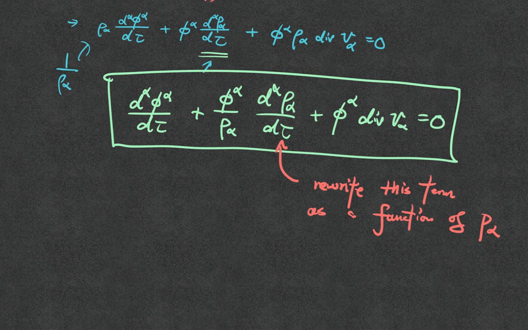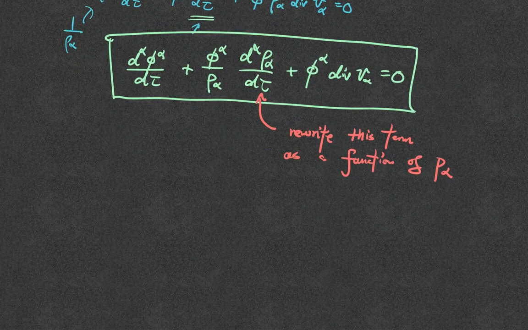Why do I want to write it as P alpha? This is just for convenience, because I want to write a u-p formulation. The pressure term would be more convenient than directly putting the density as one of the variables. Okay, so how do I do that?